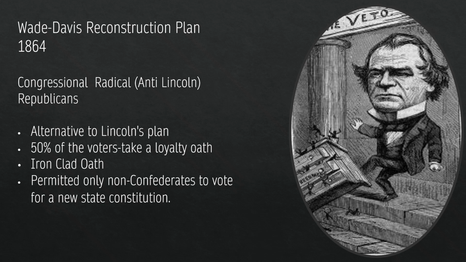Then in the ironclad oath, they also need them to say, hey, we never wanted to go against the Union. We were just stuck here, and we never raised a gun to fight against the Union. Then they need to find, in these Confederate states, non-Confederate supporters who can draft a new state constitution. So that's going to be very hard to do.